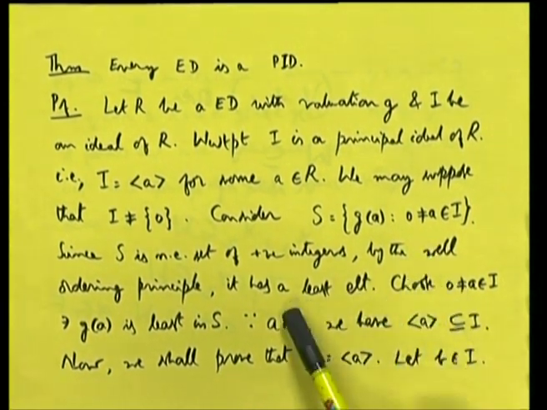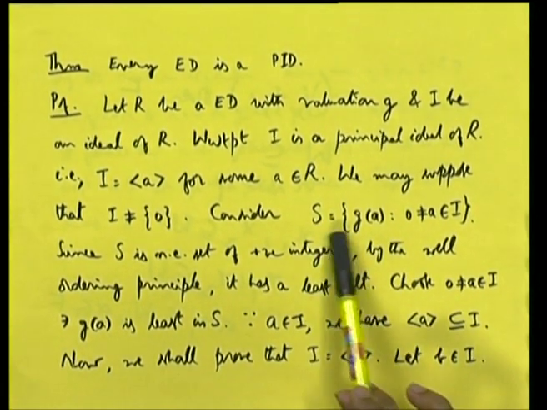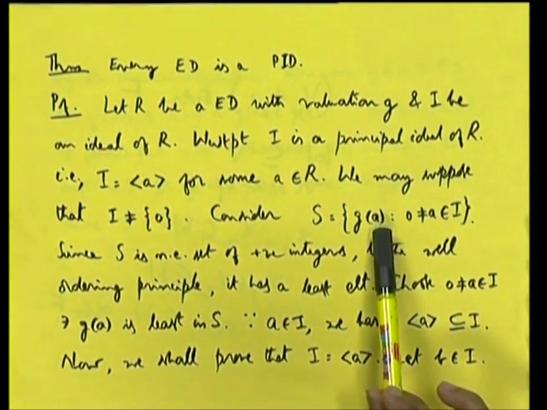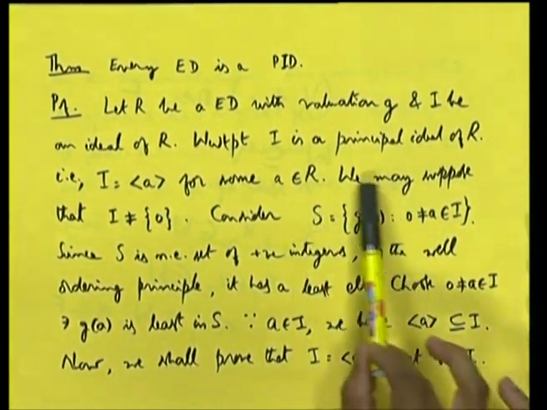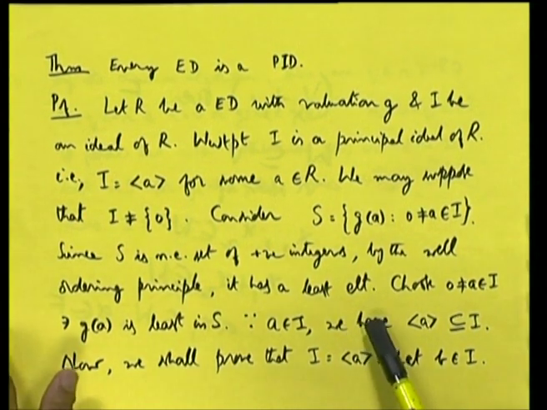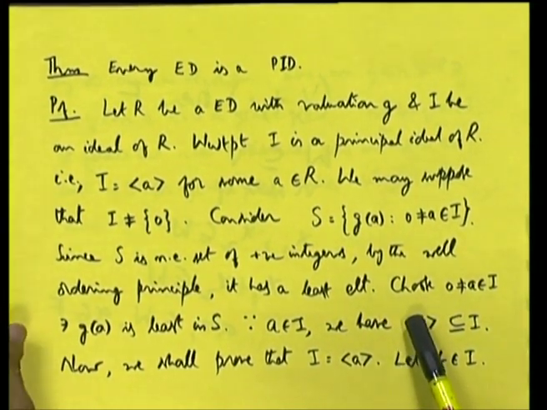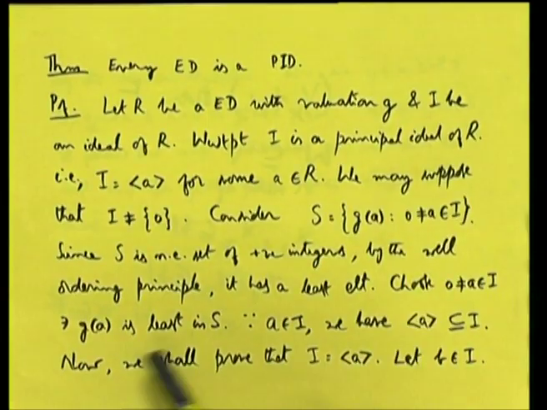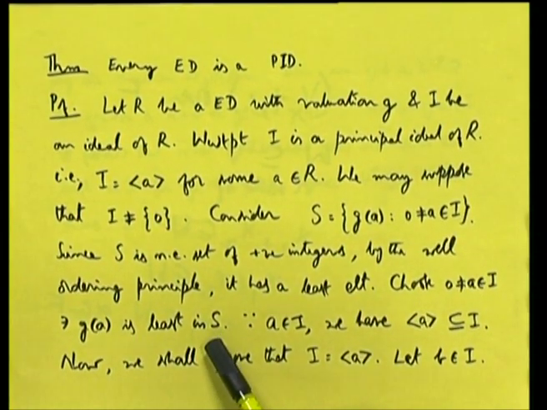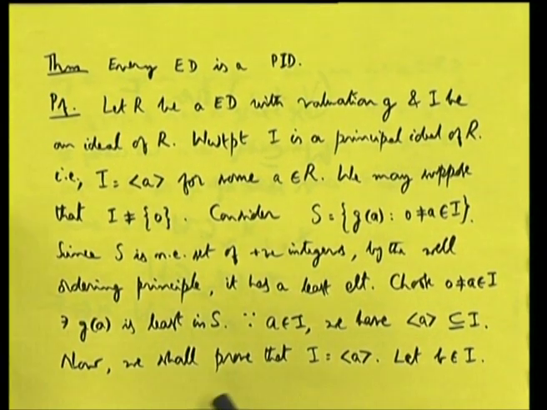The well ordering principle says for S that it has at least one least element because S is bounded below by 0. Let us choose an element a in capital I, a non-zero, such that g of a is the least for S.